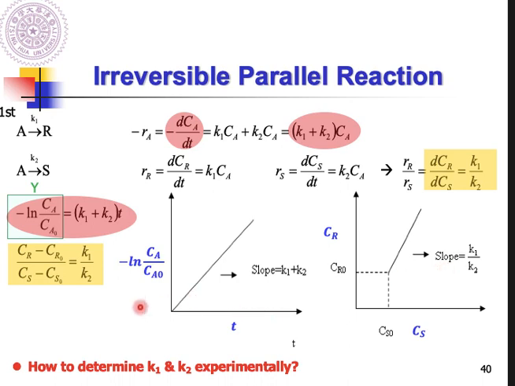Okay, so let's do this one. When this experiment starts, after time t1, I measure the concentration of reactant Ca and also measure Cr and Cs. Then I can get this data point. And after T2, I can measure Ca, Cr, and Cs and have this data point.